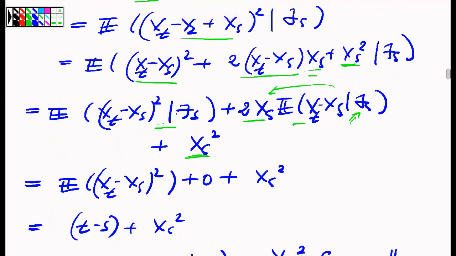Again by independence, the first of these 3 summands is just the straightforward full expectation of Xt minus Xs squared. The second summand is 0 because I know that X is a martingale, so this conditional increment is 0.